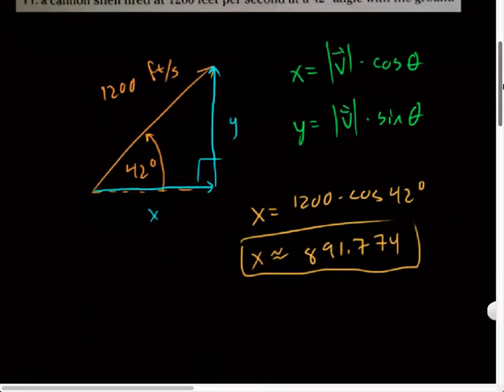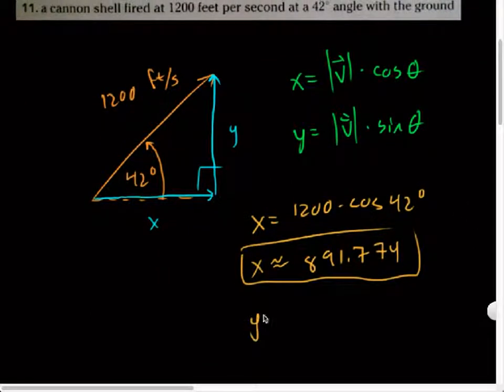And y is going to equal 1,200 times the sine of 42, also not too difficult to determine. And you get 802.957.